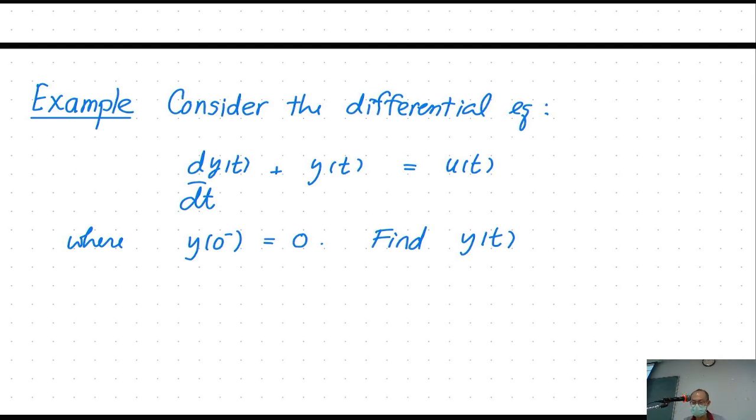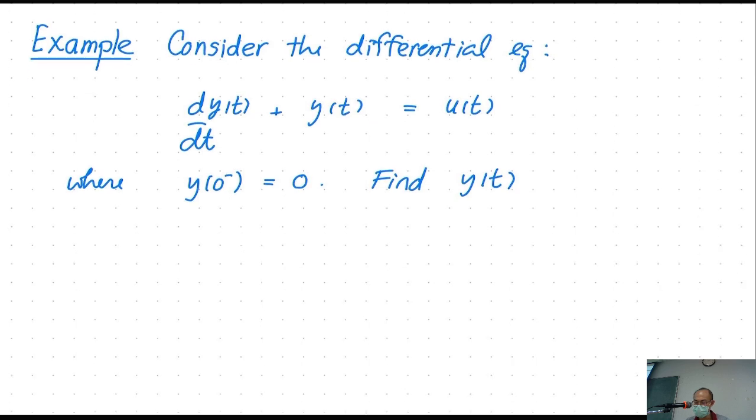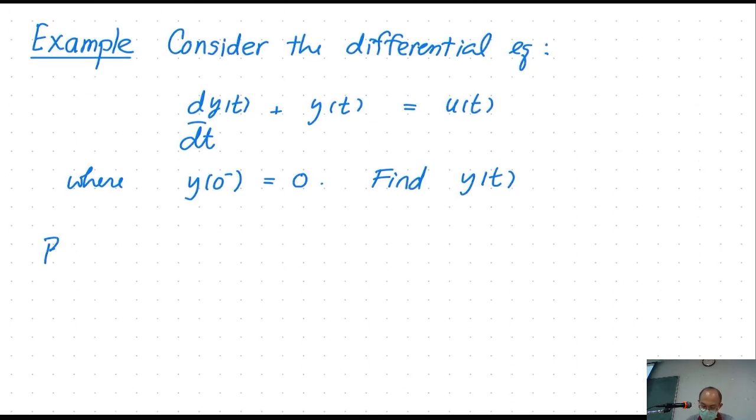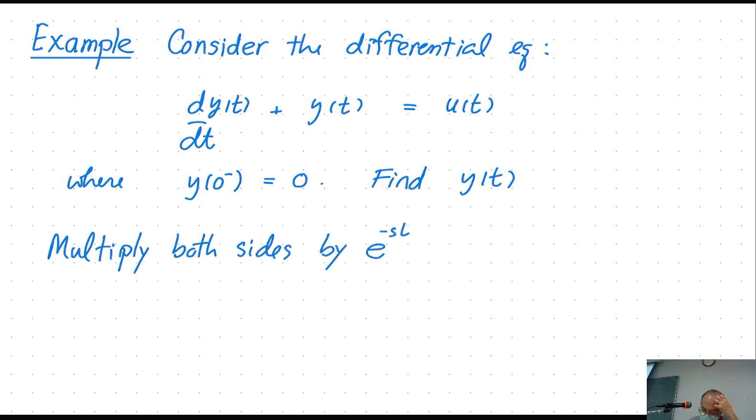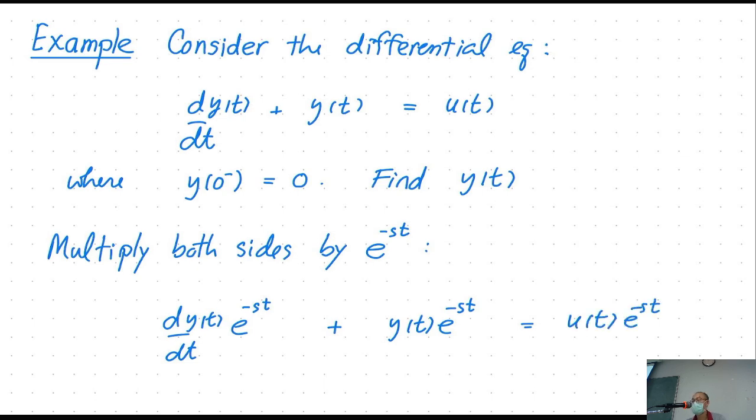We start this step by multiplying both sides by e to the negative st. Once we do that, the left hand side would be dy by dt e to the negative st plus y of t e to the negative st equal to u of t e to the negative st.